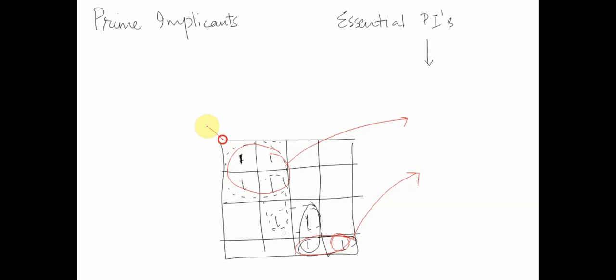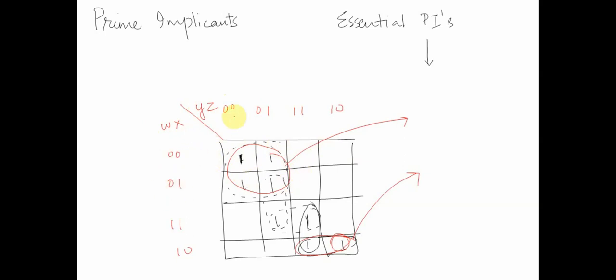We have w, x, y, and z, 0 0 0 1 1 1 1 0. As we spoke in the previous lecture, this is how we do K-map mapping where only one variable changes.